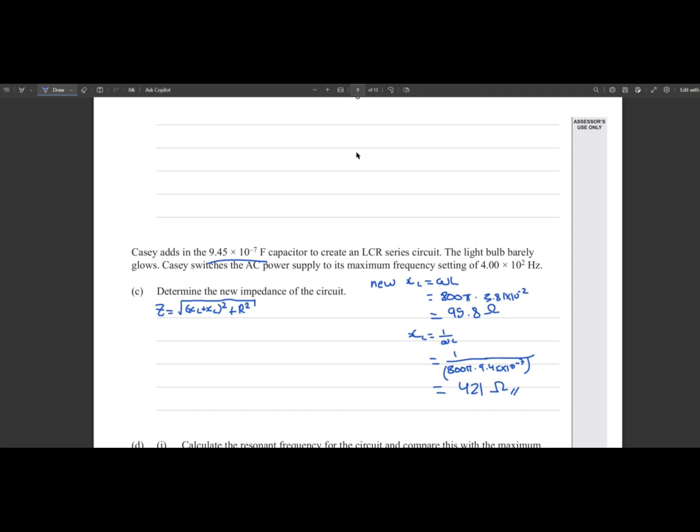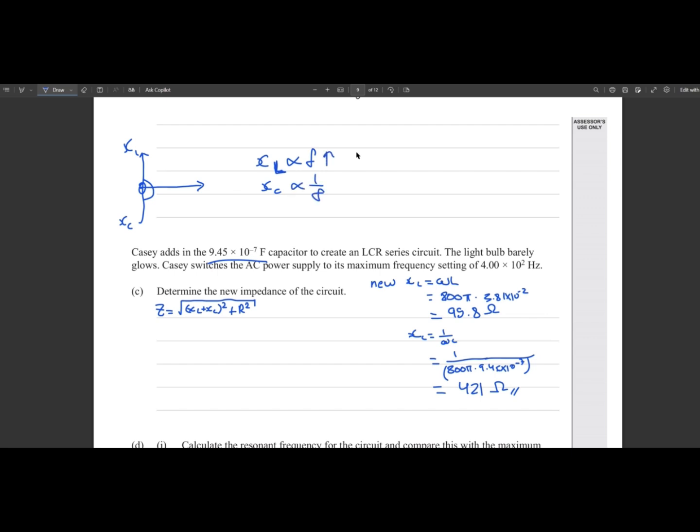Also I just realized that if you draw a phasor diagram, you will notice that your inductor reactance and your capacitive reactance are 180 degrees out of phase, which means these two components actually cancel out. That can also be shown in the equation. XL is omega L, proportional to frequency, while XC is proportional to 1 over frequency.